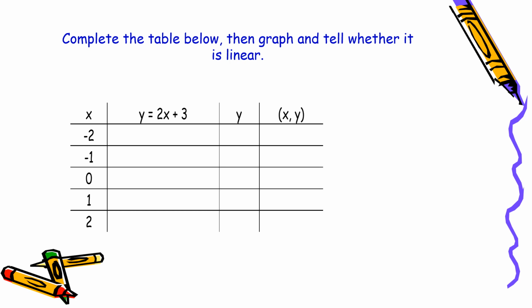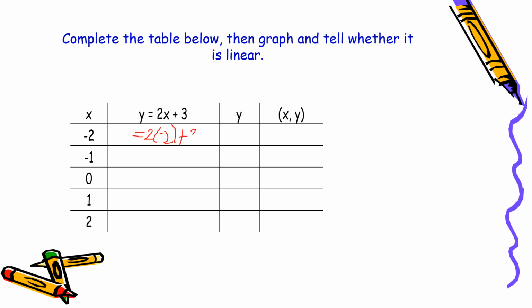All right, so let's complete the table below and then graph it and tell whether it is linear. So we have here a given equation, which is y equals 2x plus 3. If you are going to do that, simply compute 2 times negative 2 plus 3.